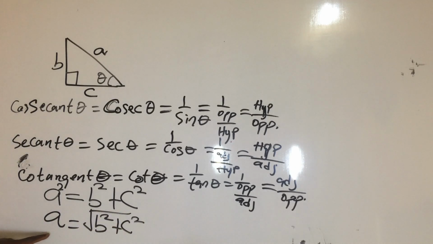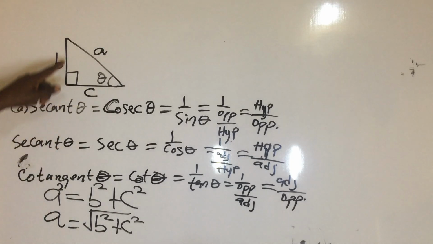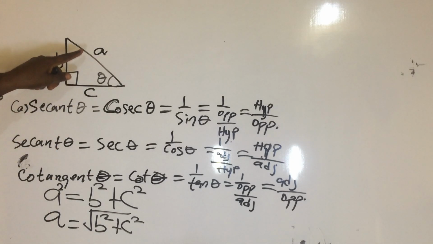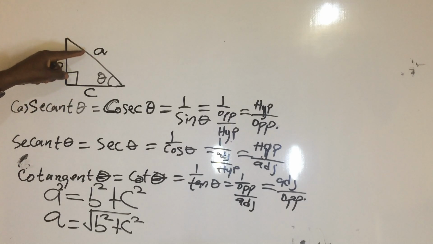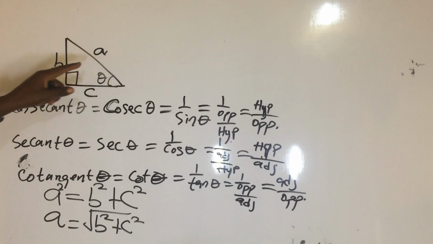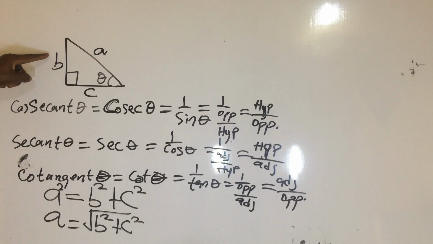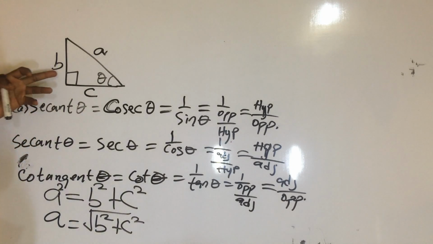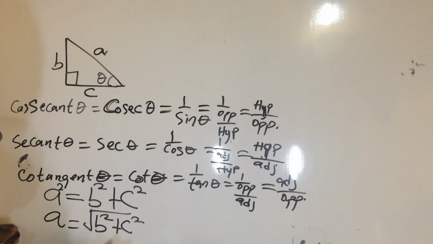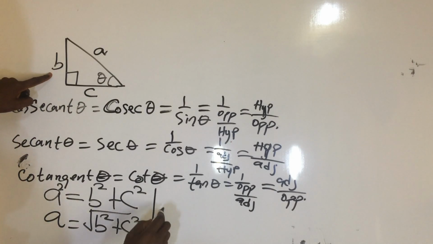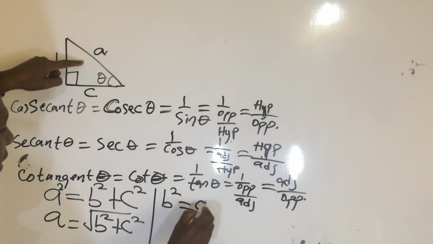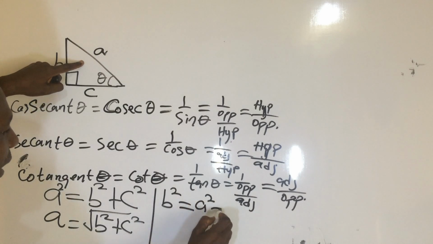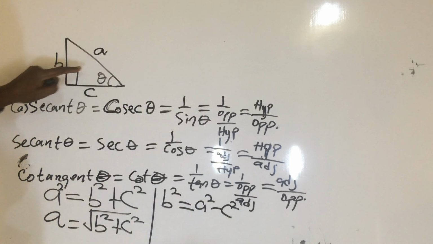So we can calculate the side involving the hypotenuse, which is A, by using this side and this side. And you can also calculate any of the other sides. If you want to calculate side B, it will be B squared equals A squared, the hypotenuse squared, minus C squared.